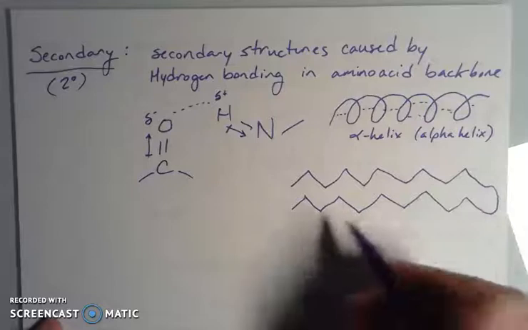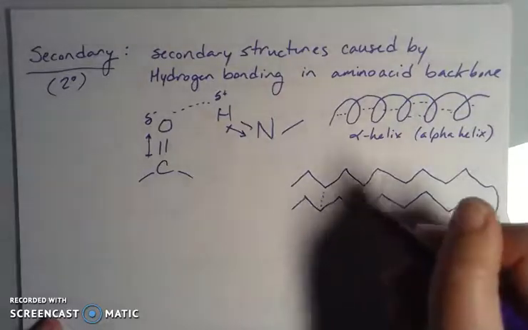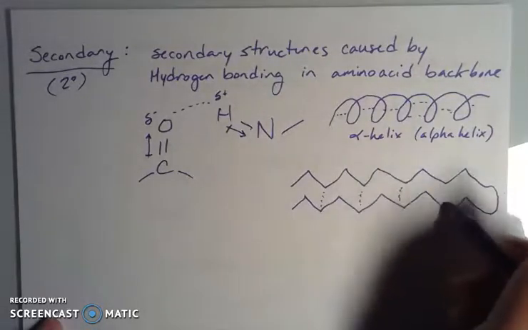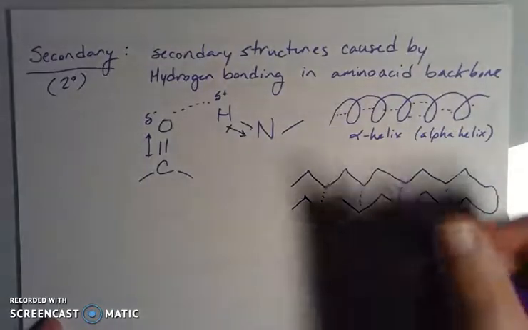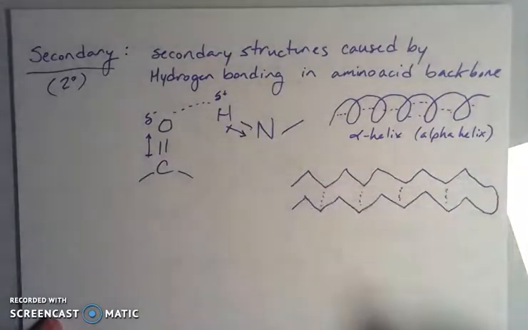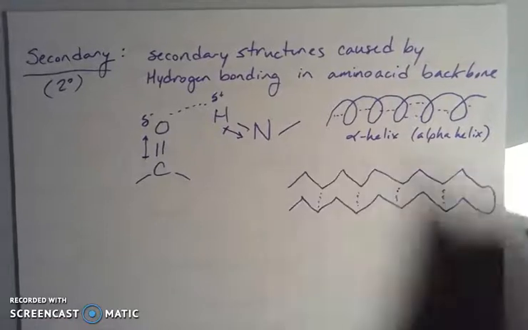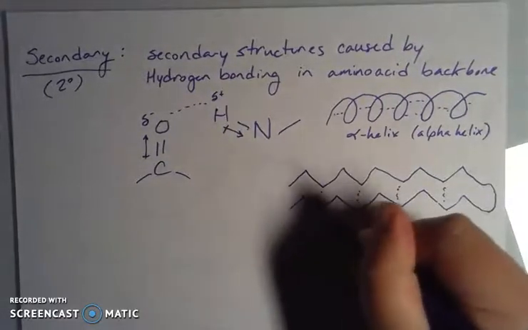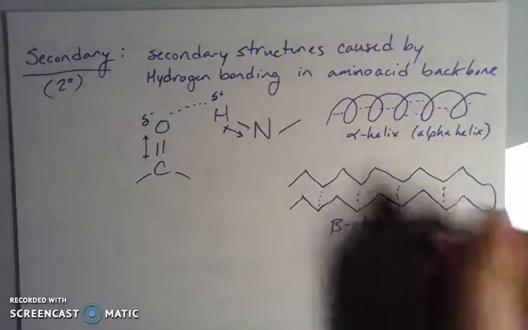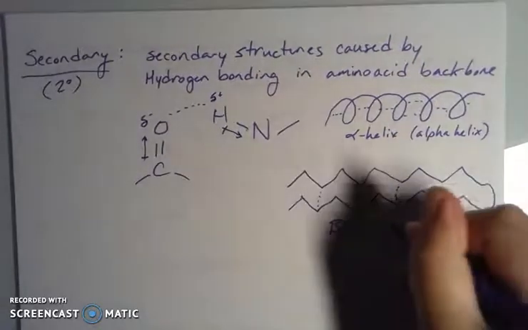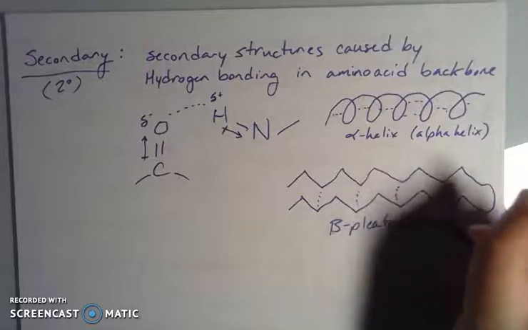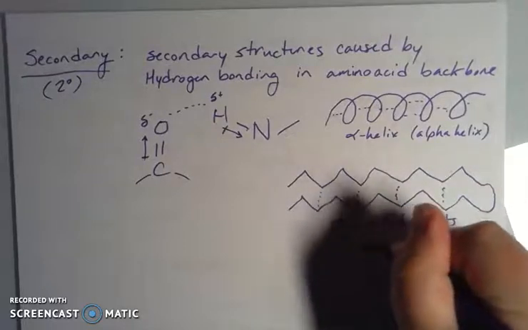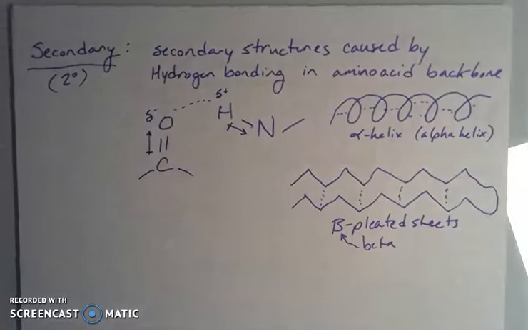So we have some hydrogen bonding potential between sheets here, between our different amino acids, and this attraction allows for these structures to occur. So we get this folding motion, and these are called beta pleated sheets. So pleated referring to the folds. That's a Greek beta there. All right, so these are my secondary structures. And again, this is occurring because of the hydrogen bonding in the amino acid backbone.